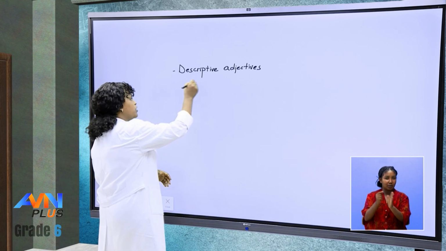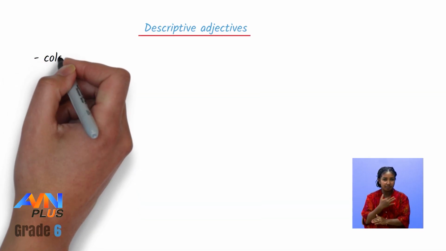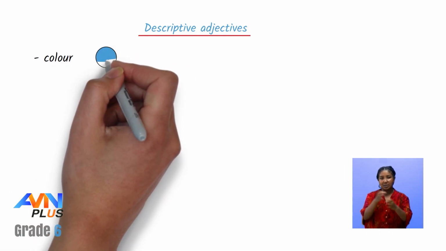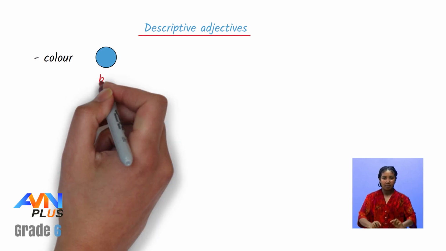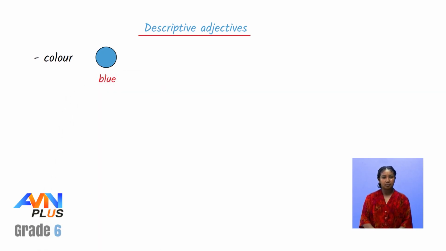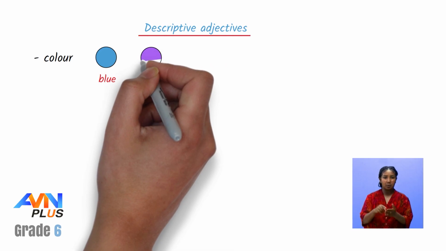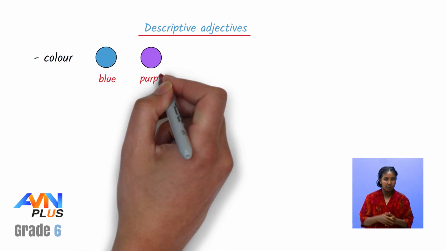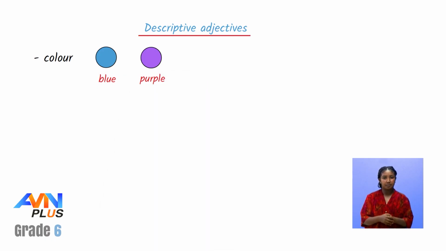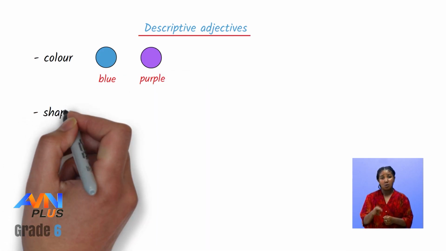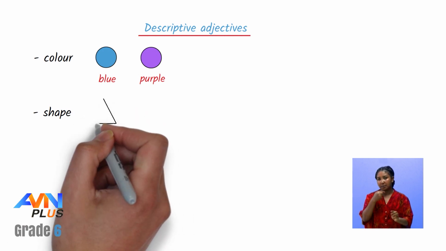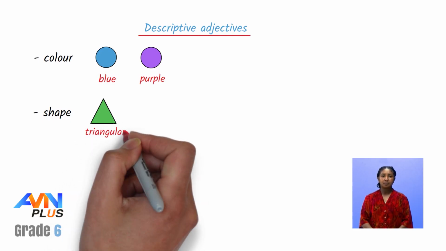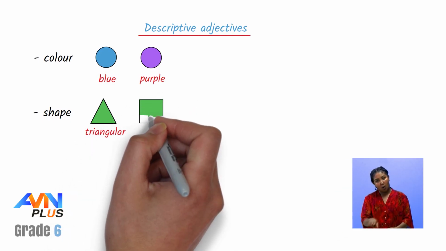For example, it can be color, just like what we were doing. Yeah? Or you describe something with its shape. Yes? When you say color, that means you say for something blue, yeah, purple. Or when we say shape, you can say for something triangular. Yes? Or square.